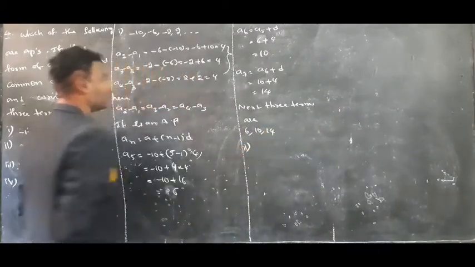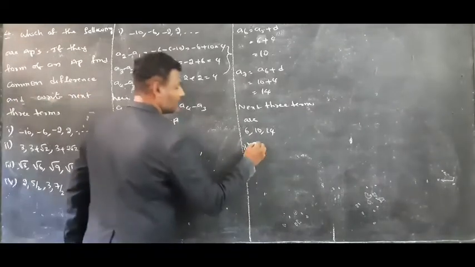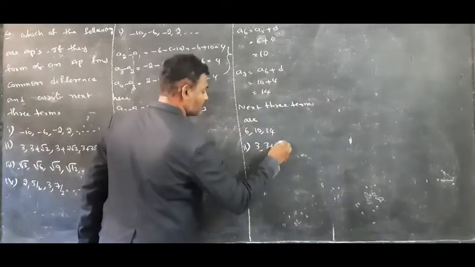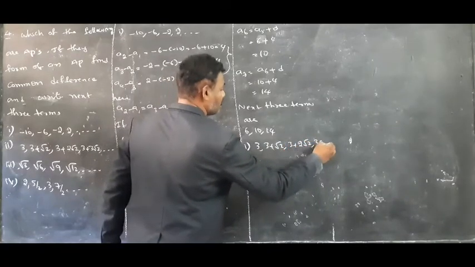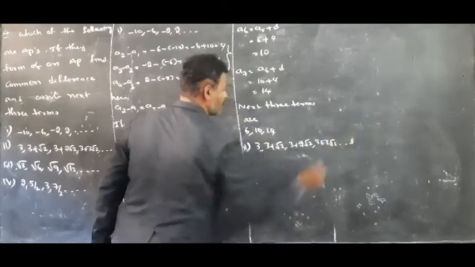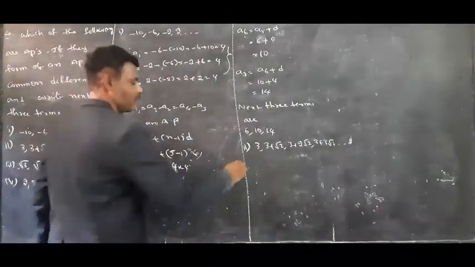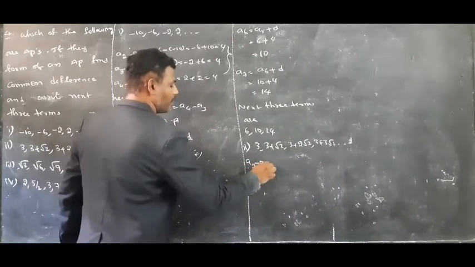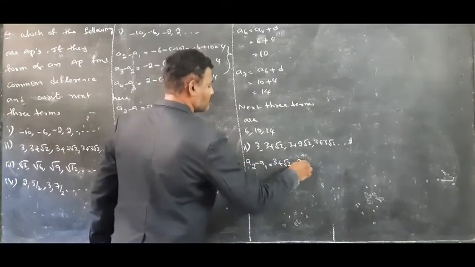What about the second question here? 3, 3 plus root 2, 3 plus 2 root 2, 3 plus 3 root 2, and so on. First you have to check whether that is an AP or not. A2 minus A1 is equal to 3 plus root 2 minus 3.